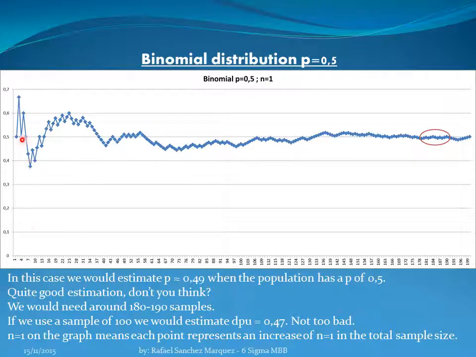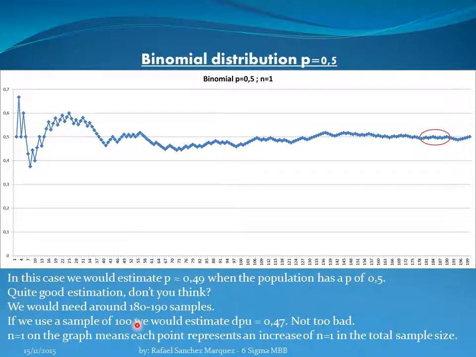So when we have 2 values, 50% okay and 50% not okay in this case, it is working quite similar to the rest of the parameters we have already seen so far. Then we would need, for a good estimation, almost 200 units.